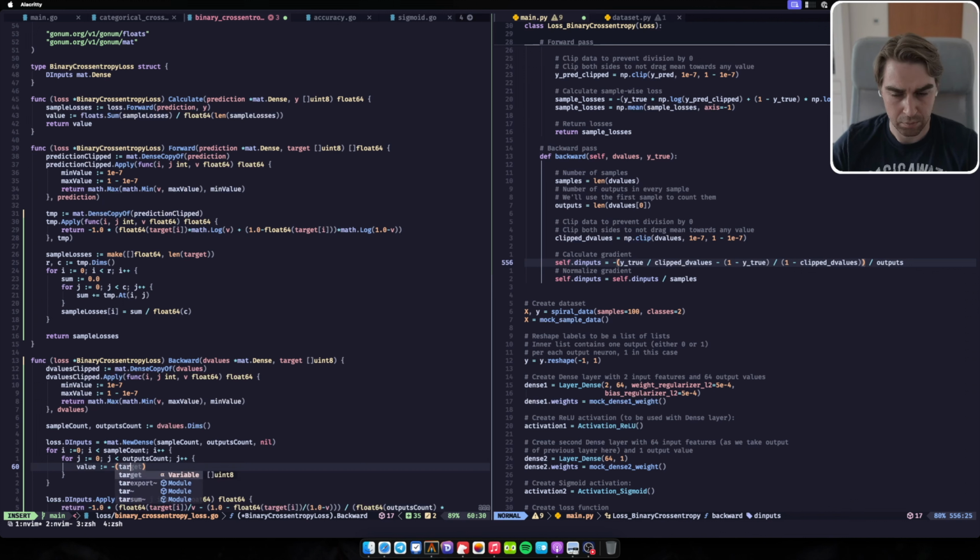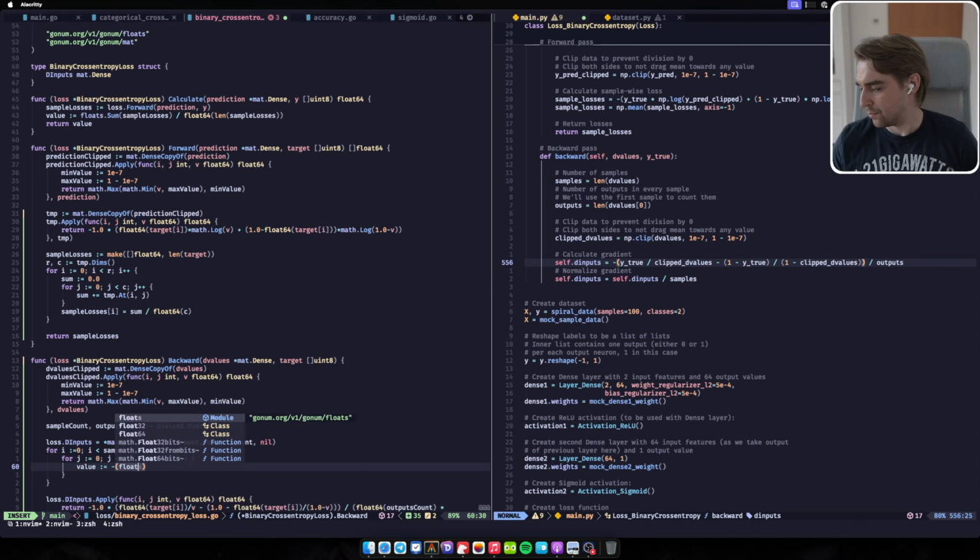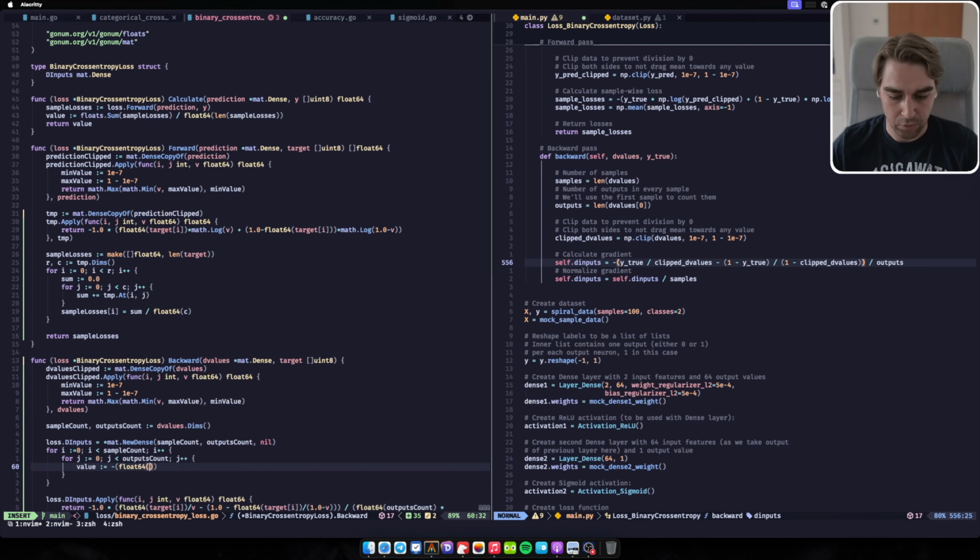So it's target I. Okay, float 64. Targets I. Target I divided by d values at I and j, right?